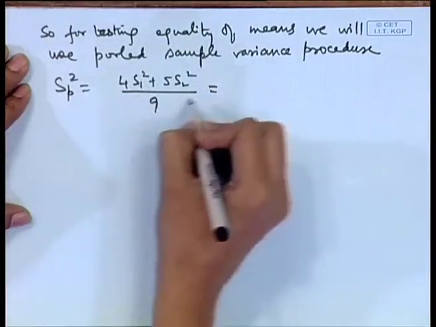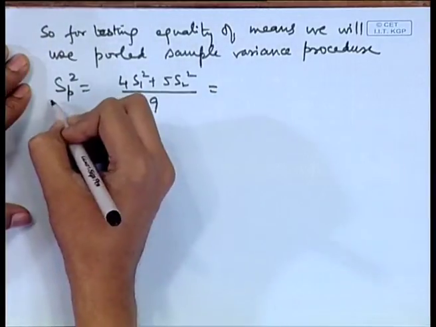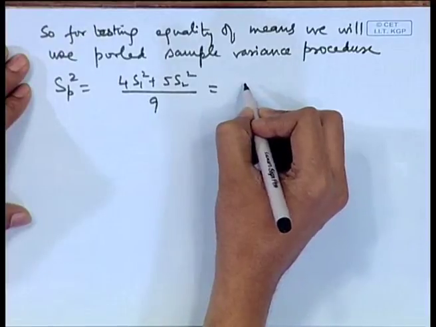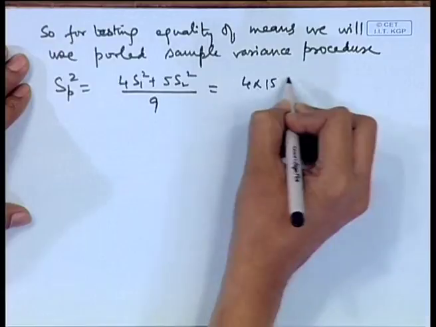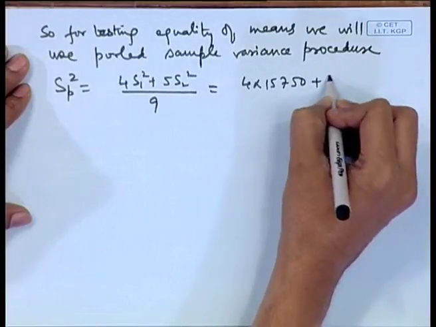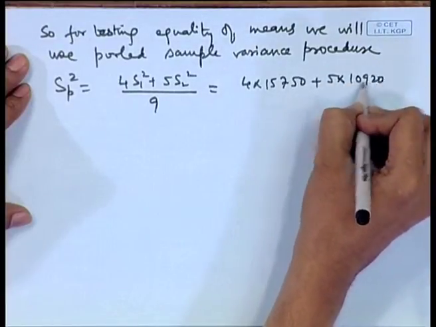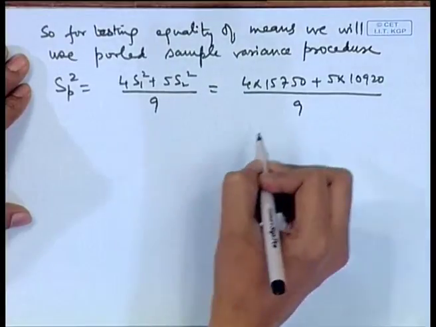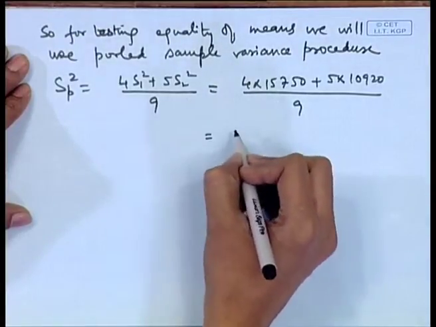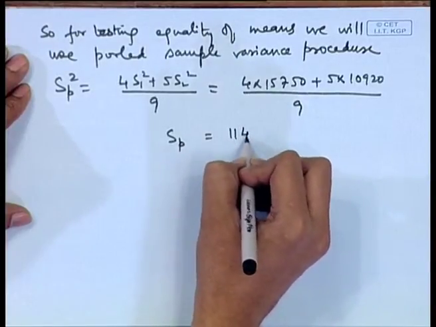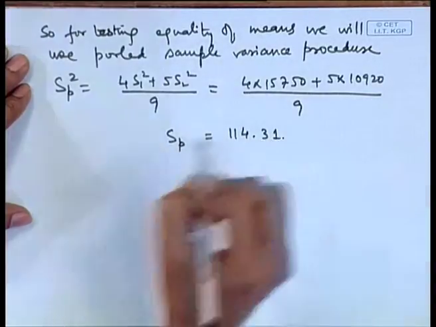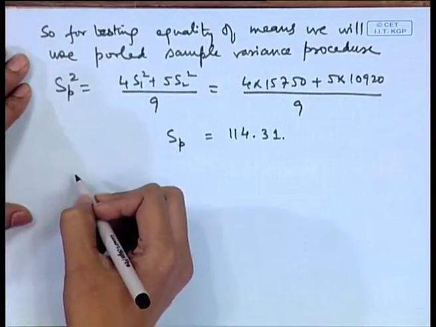4 S 1 square plus 5 S 2 square by 9, that is, 4 into 15,750 plus 5 into 10,920 by 9. So, that is equal to some value. So, S p is taken to be the square root of that, that is 114.31.